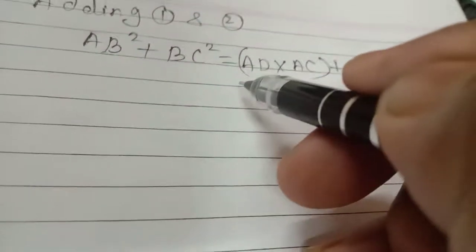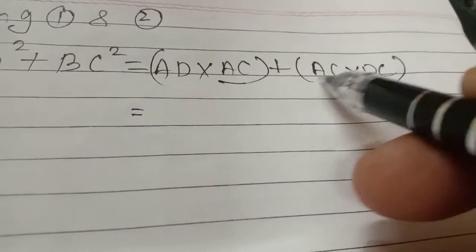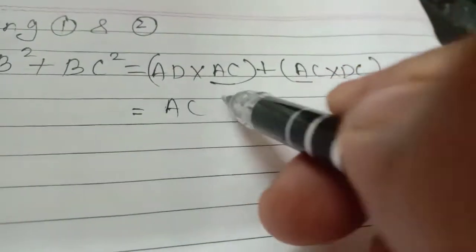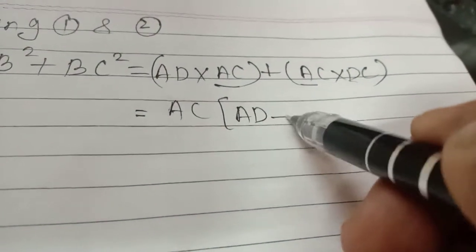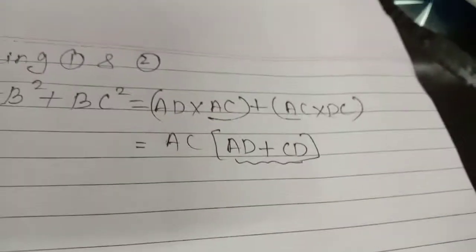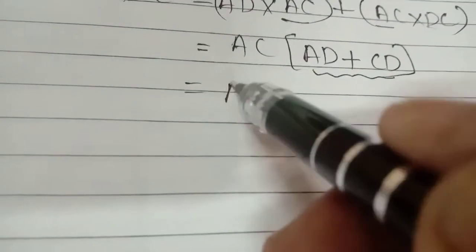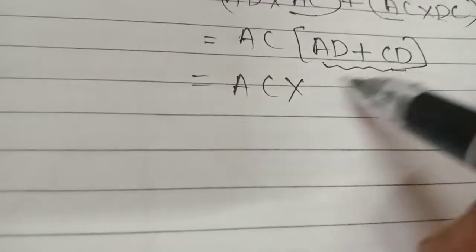Then what you will do? Take common. Can you take AC common here? Yes, you can. So AC in bracket now AD plus CD. And what is the value of AD plus CD? See here. AD plus CD is equal to AC because D belongs to AC. So replace: AC into AD plus CD is what?